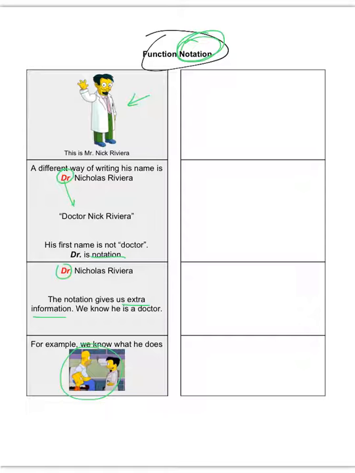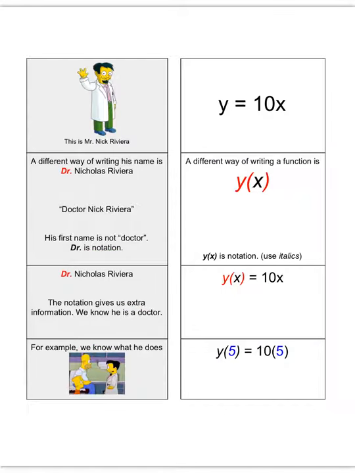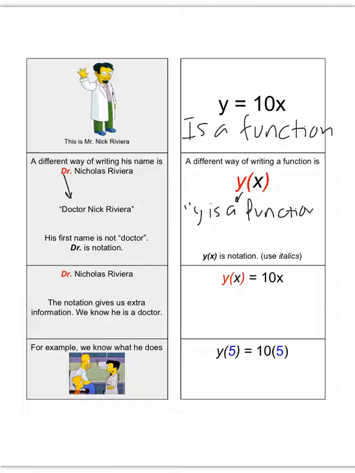So now let's look at a math version of notation. So this is a function. Just like we say DR means doctor, what this means is y is a function of x.